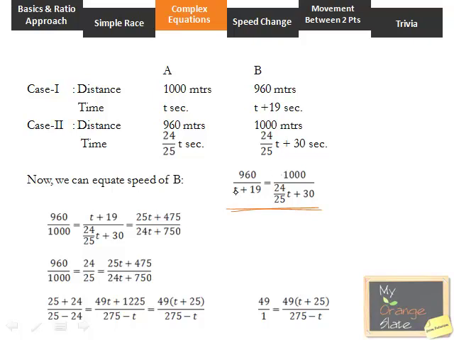Taking numerals on one side and the unknown on the other side, we can make this equation as 960 over 1000 is equal to t plus 19 over 24 over 25 t plus 30. Now multiplying numerator and the denominator with 25, which is the denominator here, what we get is 25t plus 475 is equal to 24t plus 750.